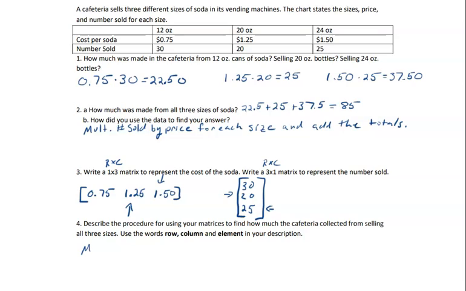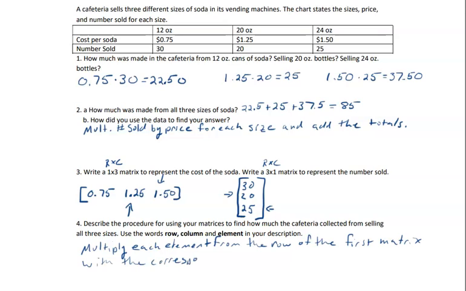So we multiply each element from the row of the first matrix with the corresponding element from the column of the second, and add them together.